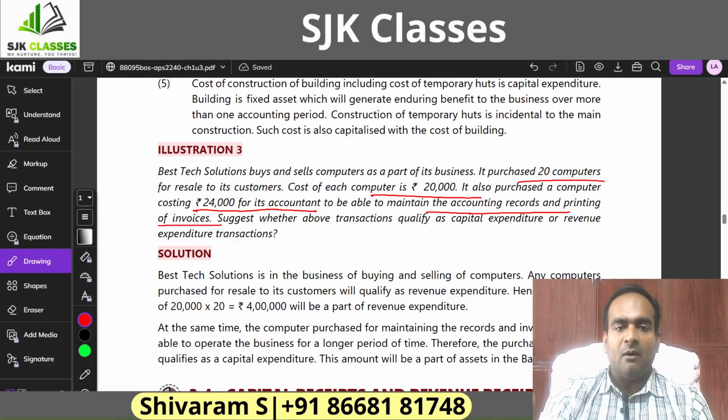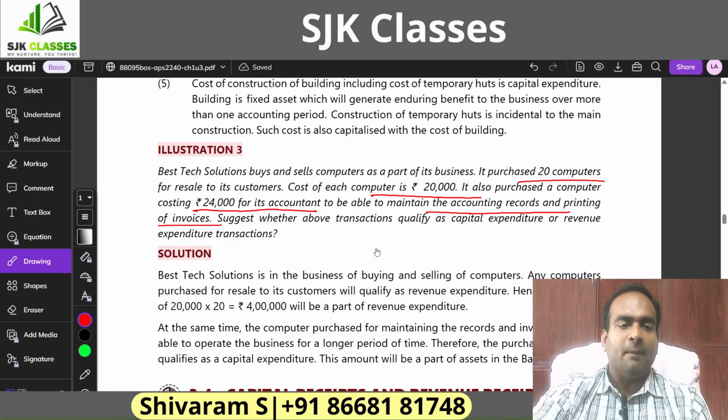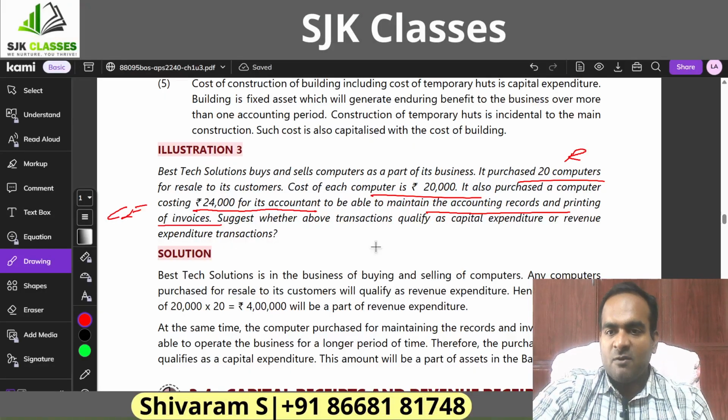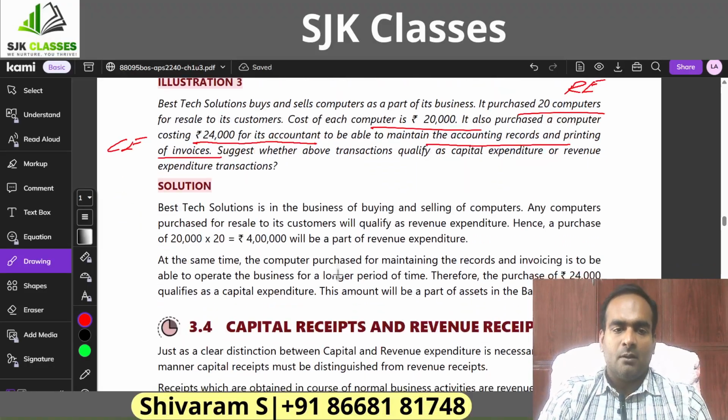I have to file the income taxes, I need to know the accounting profits and losses, so I need the help of an accountant. So this 24,000 computer will be a capital expenditure, and the 20 computers we purchased for resale will be a revenue expenditure. So that is the answer.